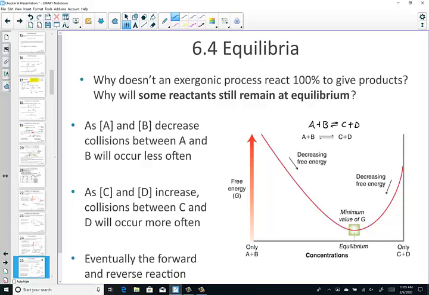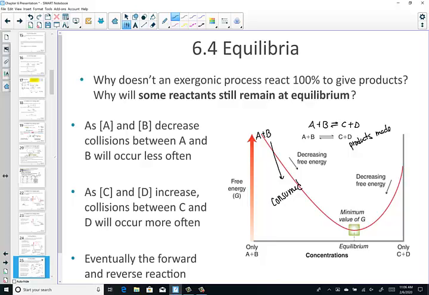Think about just the collision theory. When the reaction first initiates, A collides with B, and as A collides with B, the reactants get used. And as time goes by, products begin to get made.